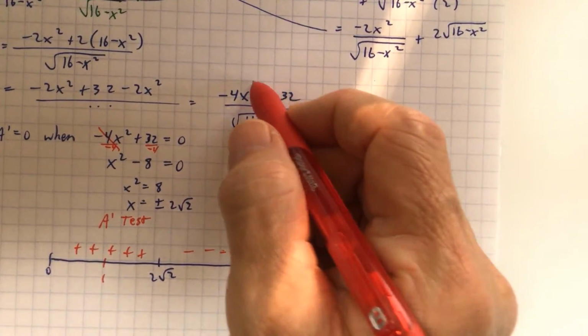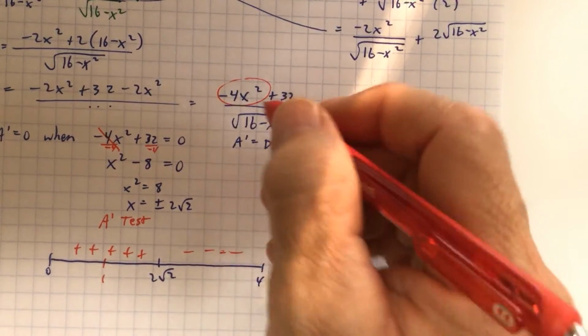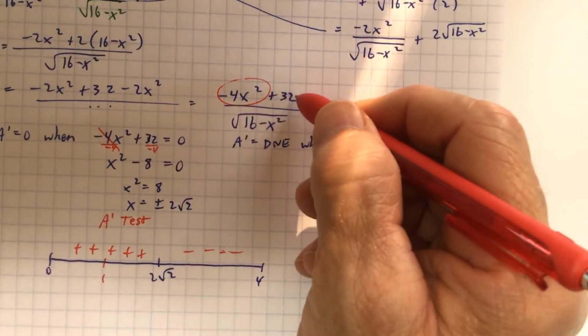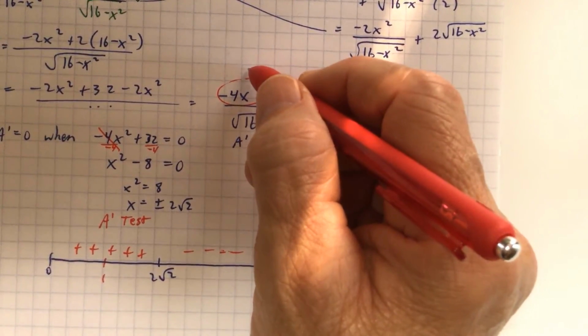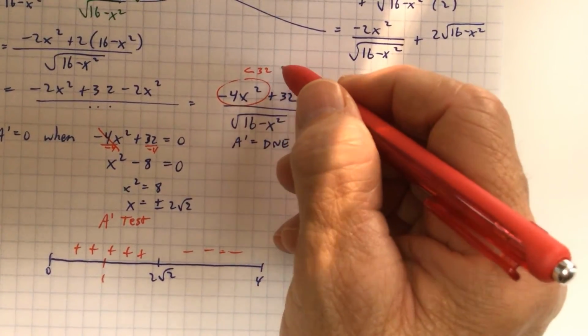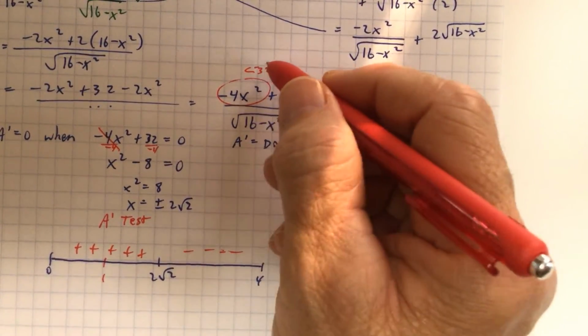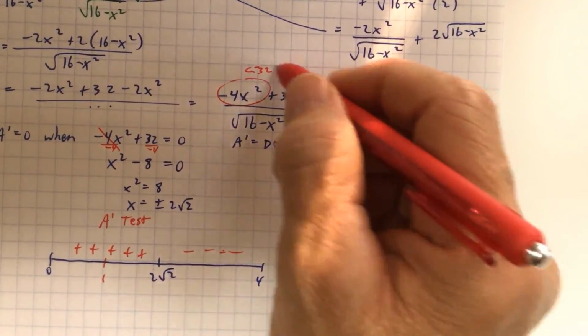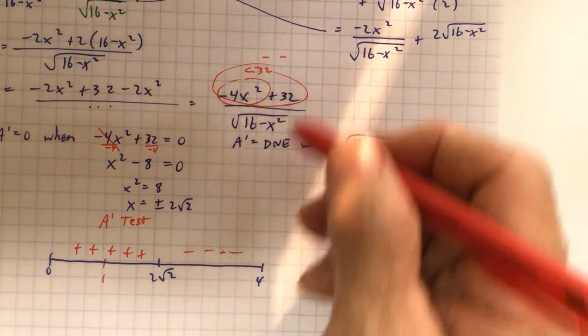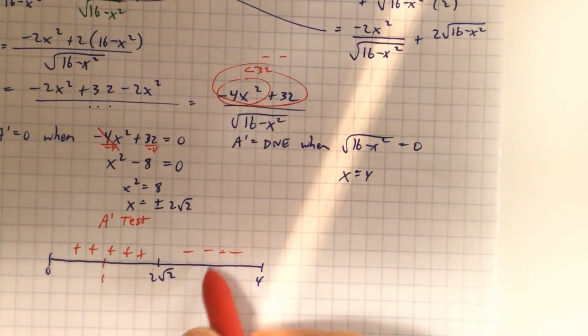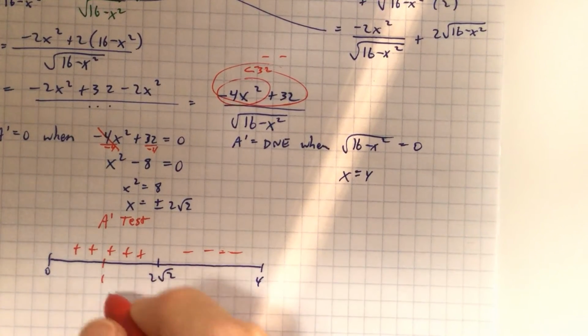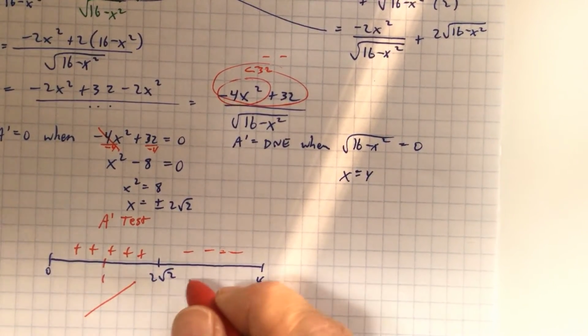That's going to be a bigger negative number than 32. So as long as we get less than negative 32, this whole thing is going to be a negative number. So therefore, the numerator is going to be negative everywhere in this interval.